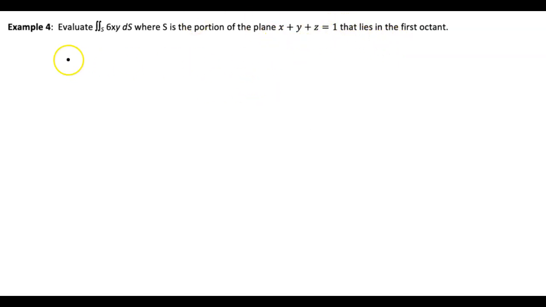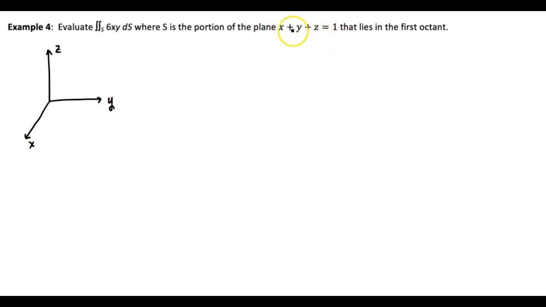So let's sketch this out. We know this is going to be that three-dimensional surface. We know that x plus y plus z equals 1. Now, if we forget, we can always just plug in a 0 and a 0 for two of the variables to find these intercepts of the axes.